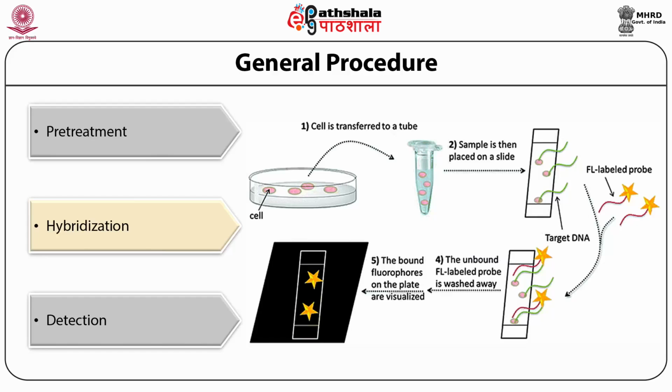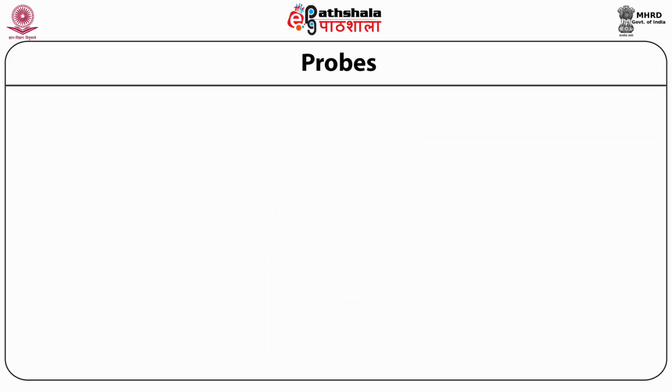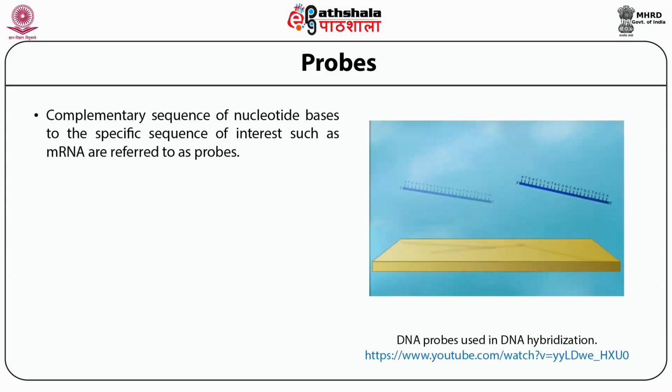This technique can be used to locate DNA sequences on chromosomes, detect RNA or viral DNA. Probes. Complementary sequence of nucleotide bases to the specific sequence of interest, such as mRNA, are referred to as probes.